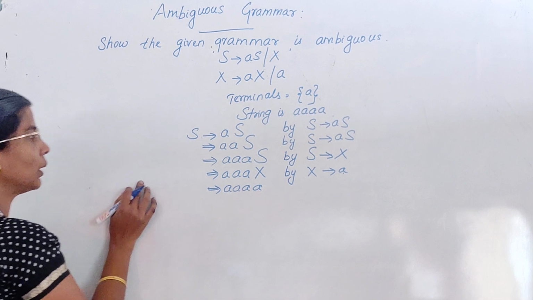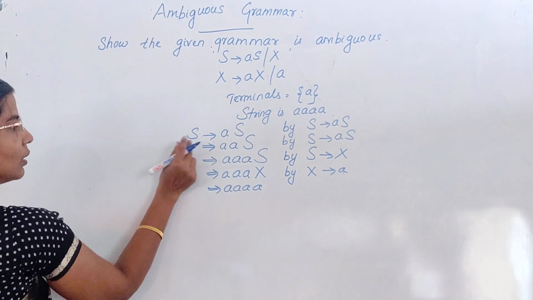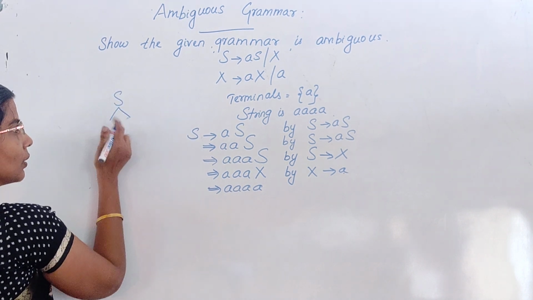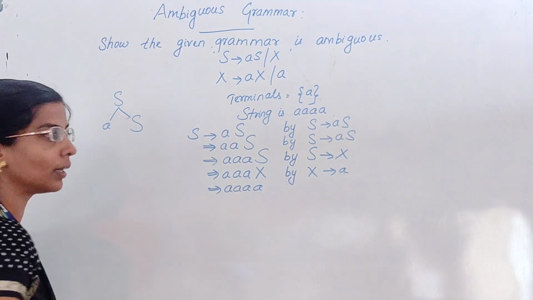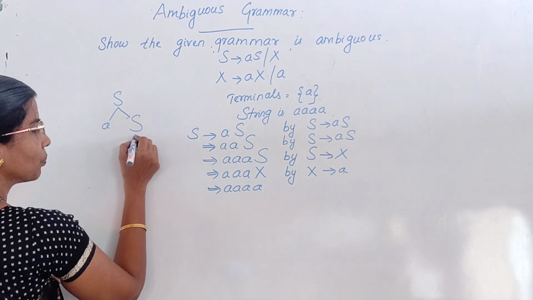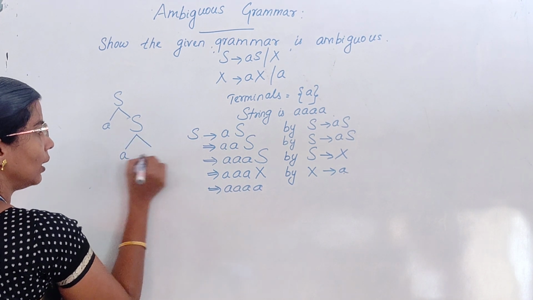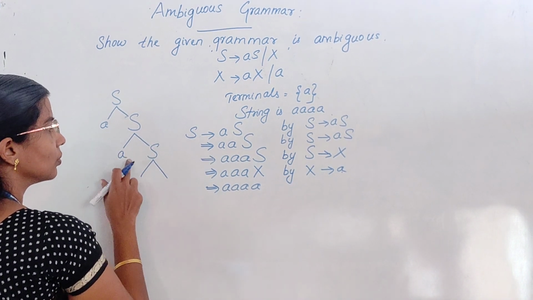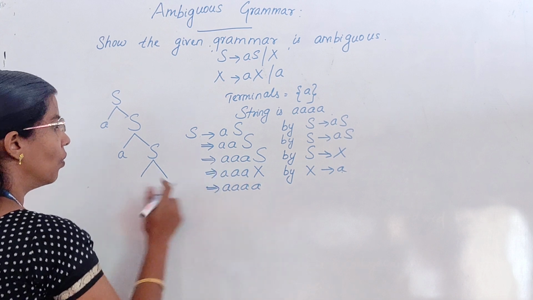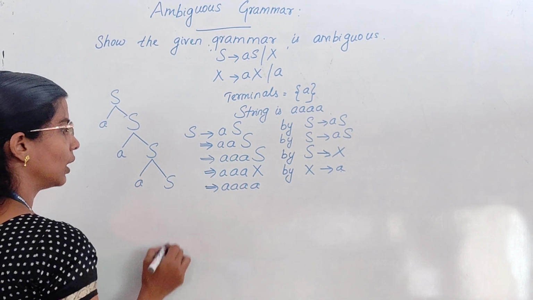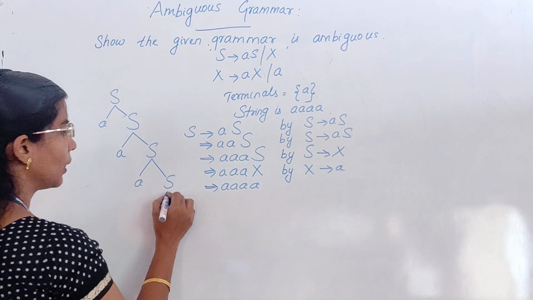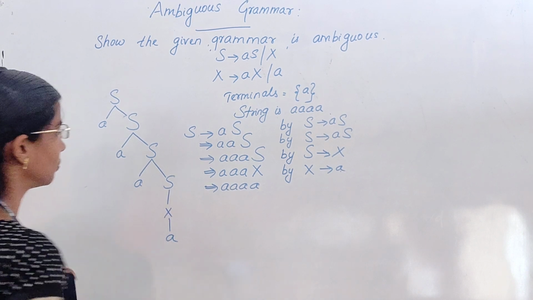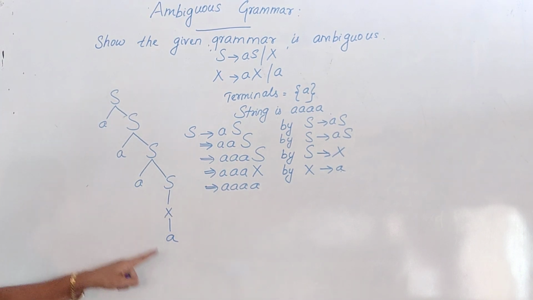So what about the parse tree for this? Next it is this S by this, again this S by this, and then the next S. Next it is A. Check whether you got 4 A's: 1, 2, 3, 4.